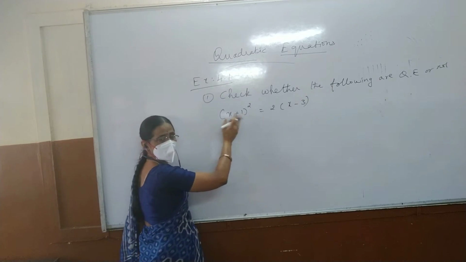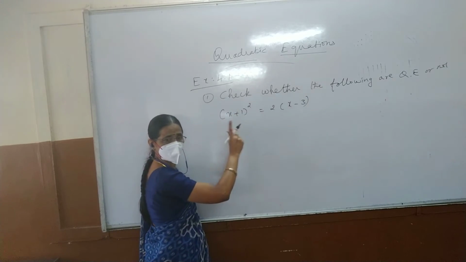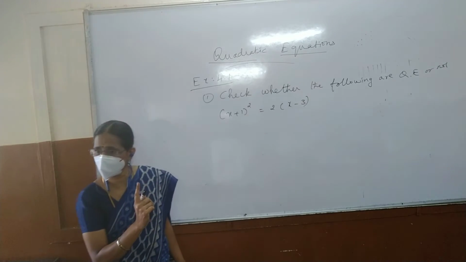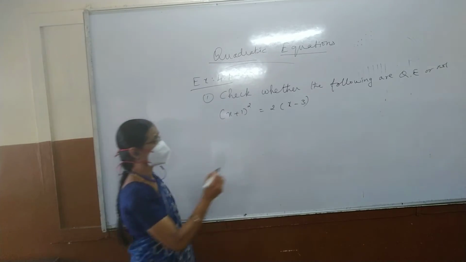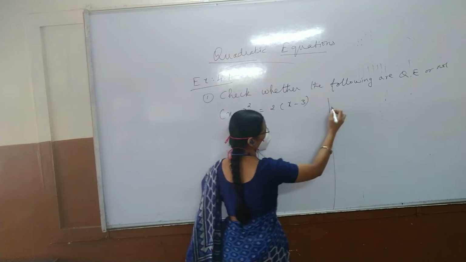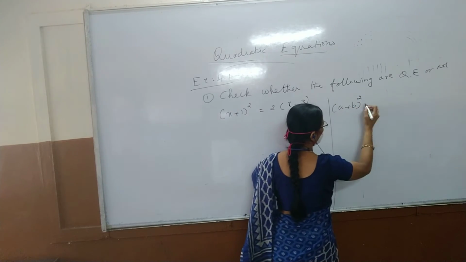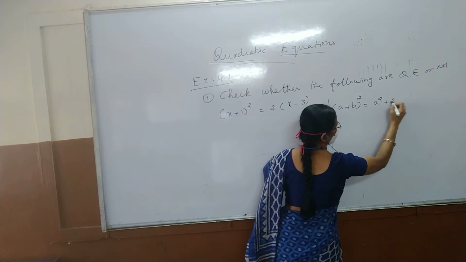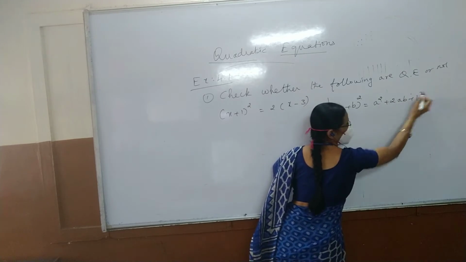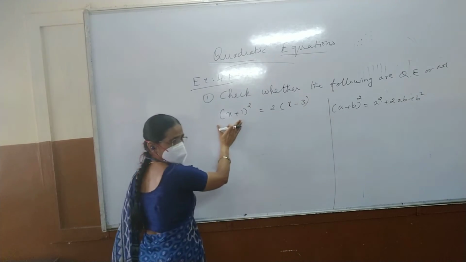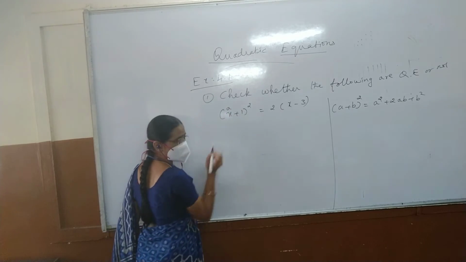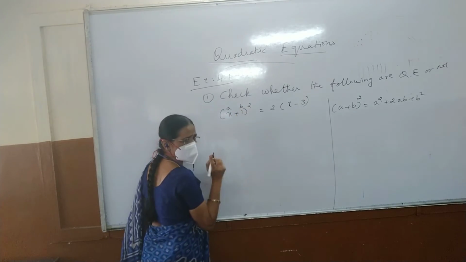This comes under the form (a plus b) the whole square. Do you remember what (a plus b) the whole square is? It is a squared plus 2ab plus b squared. All this we studied last year or in 8th standard. So we are going to use this. In the place of a, what do we have? And in the place of b? 1.